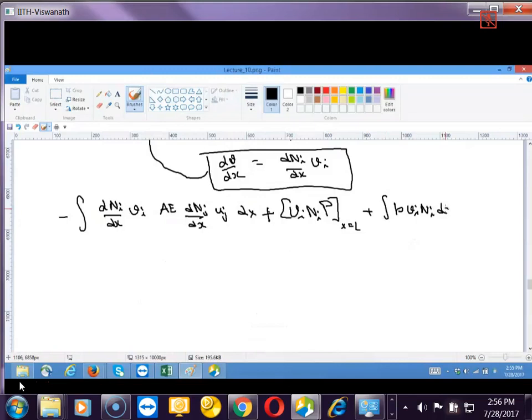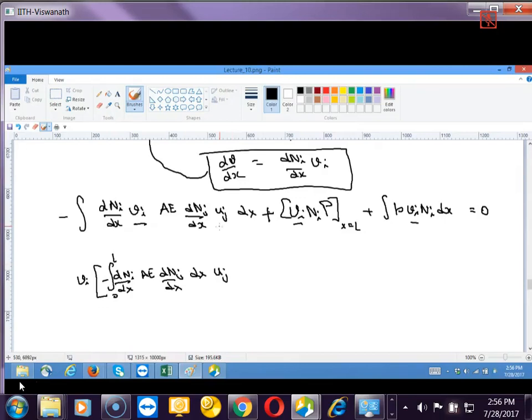Now let me rewrite it in a manner. I take everything out. Vi is common in this, vi is common in this, vi is common in this. So the main purpose of writing this in an integral form is to take out vi. vi, dNi dx integral AE dNj dx uj.